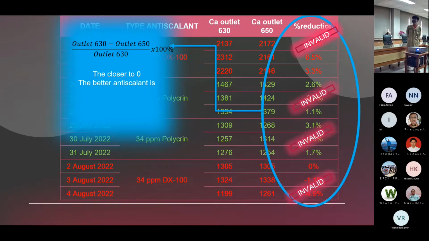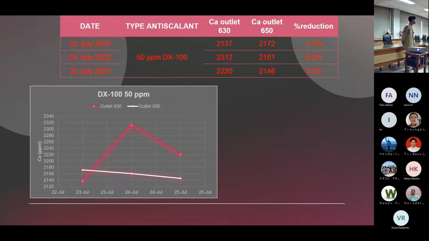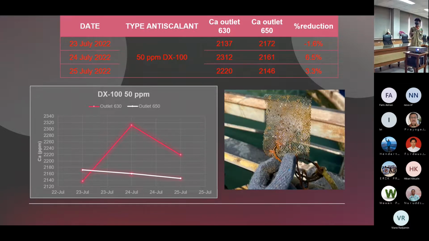Okay, and next, it is for 50 ppm DX100. I know the data, and looking at this coupon, it is clean enough after 3 days. The next is 50 ppm polyclean. Look at this coupon, very clean compared to the previous one.